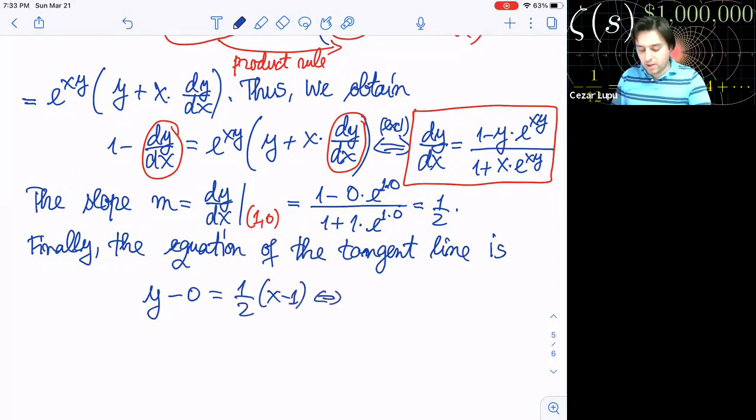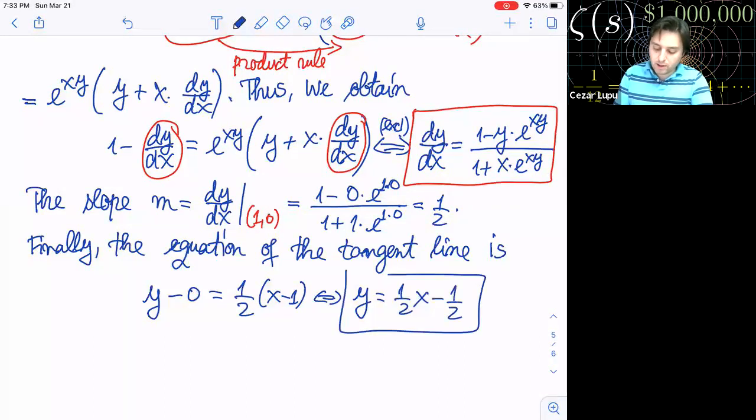Or rearranging, y equals 1/2 times x minus 1/2. And that's the equation of the tangent line.